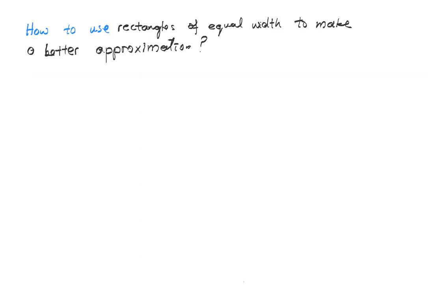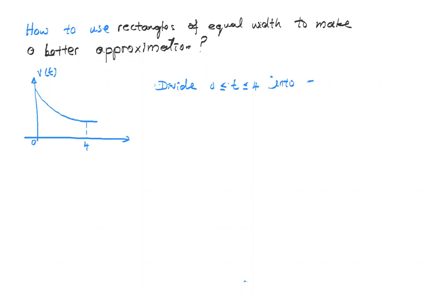So now, okay, I want you to, for this curve, divide t between 0 and 4 into 2 rectangles of equal width.